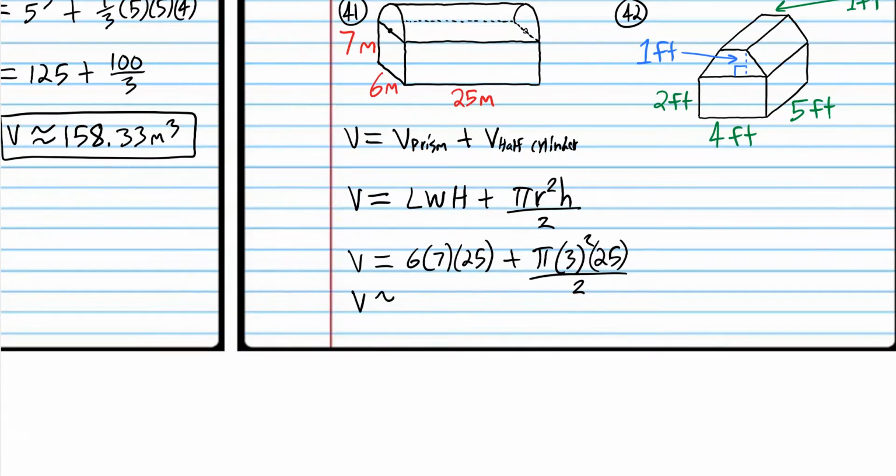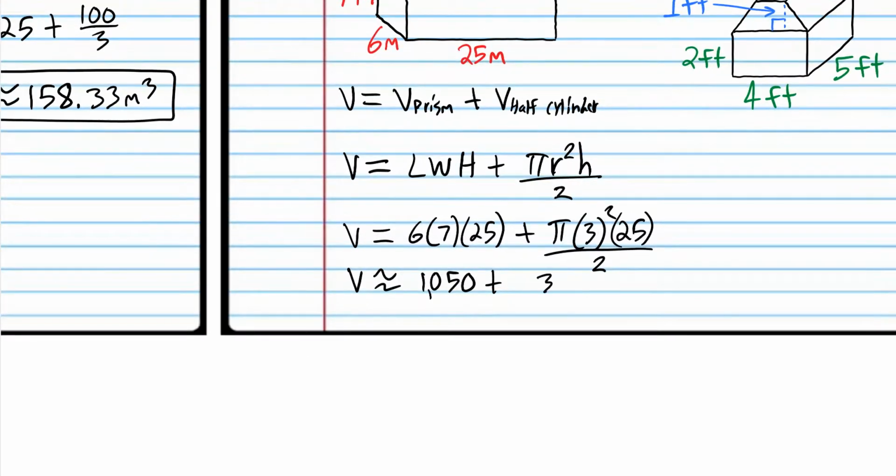So the volume is approximately equal to, we can get out our calculator for this because these are pretty big numbers. 7 times 6 is 42, so 42 times 25 is 1,050. And then 3 squared is 9, and then 9 times 25 equals, and then times pi equals, and then divided by 2 equals.